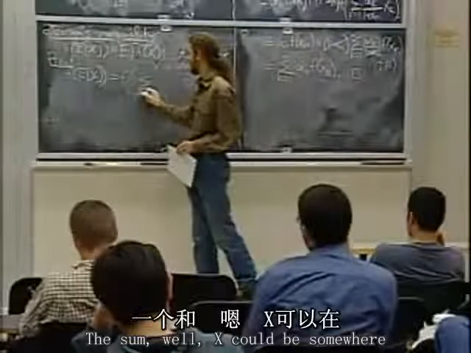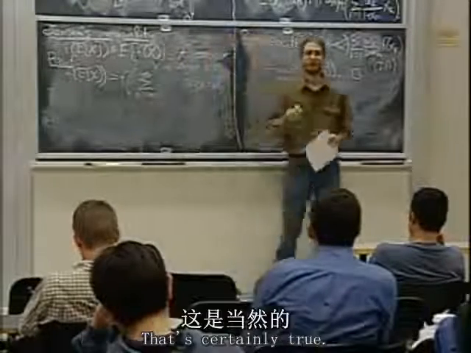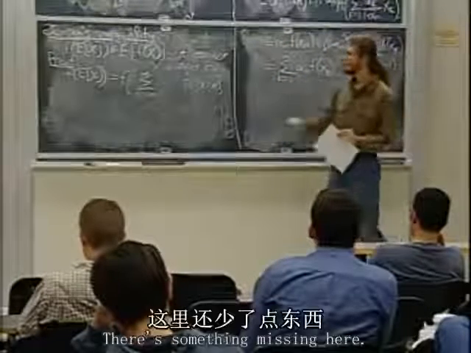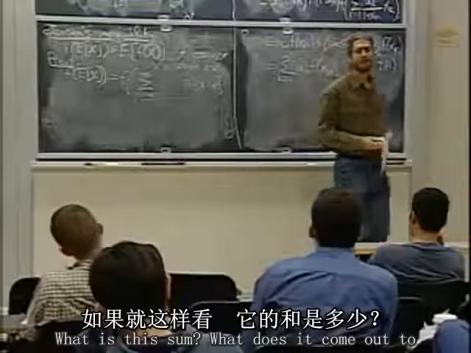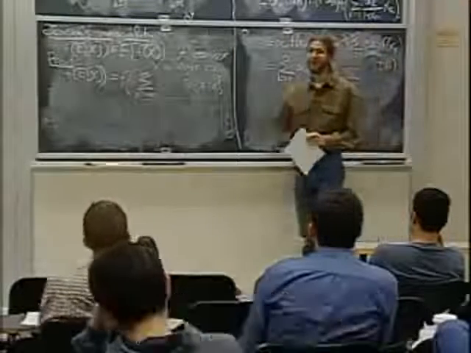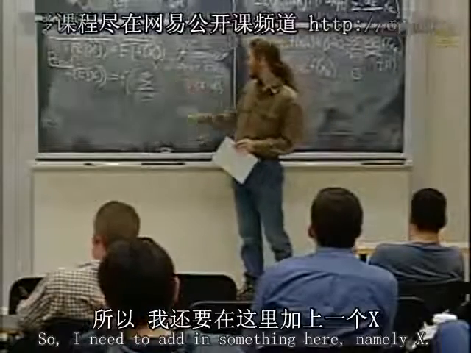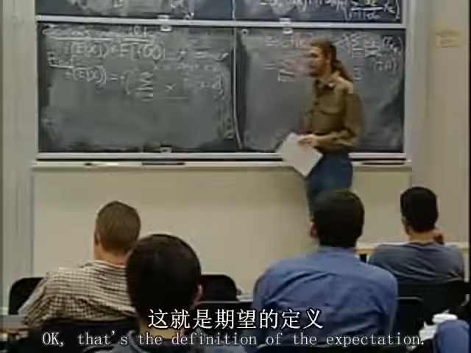Well, x could be somewhere between minus infinity and infinity. That's certainly true. And you have some more? Something missing here. What does this sum come out to, for any random variable x that takes on integer values? 1. Good. So I need to add in something here, namely x. Okay, that's the definition of the expectation.